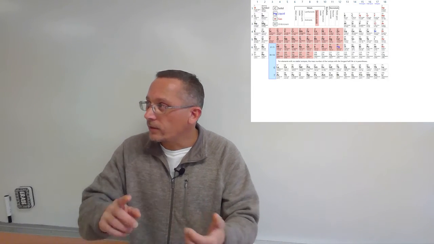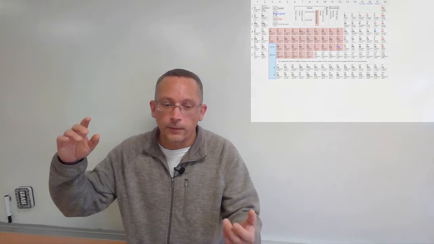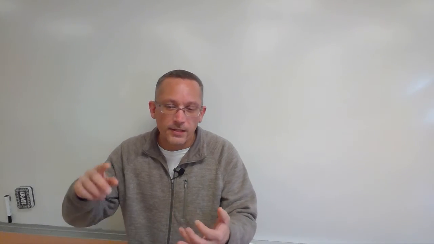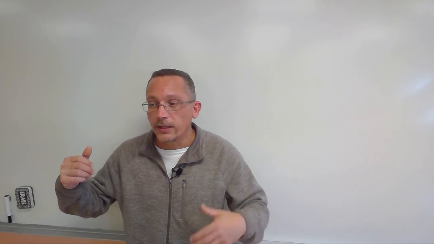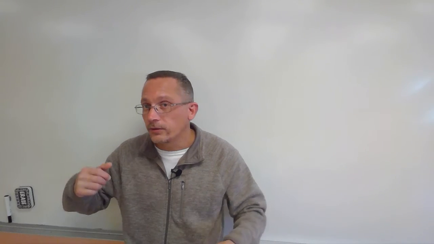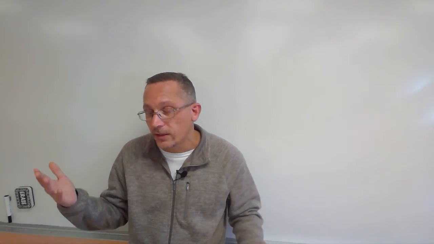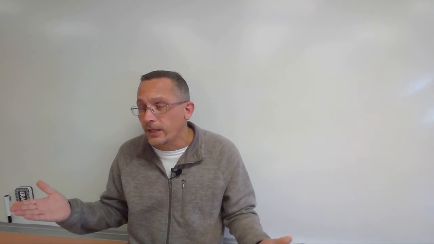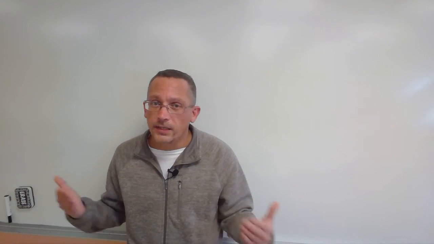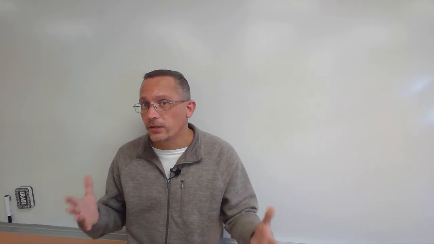So the alkali metals, the alkaline earth metals, the noble gases, the halogens, the chalcogens, the pnictogens, just by knowing what family an element is in, I can tell what kind of ion it's going to form, whether it's going to be +2 like the alkaline earth metals, or it's going to be -2 like the chalcogens. I can tell just by the column that it's in. But with the transition metals, you can't tell quite as easily what the charge for its ions is going to be.